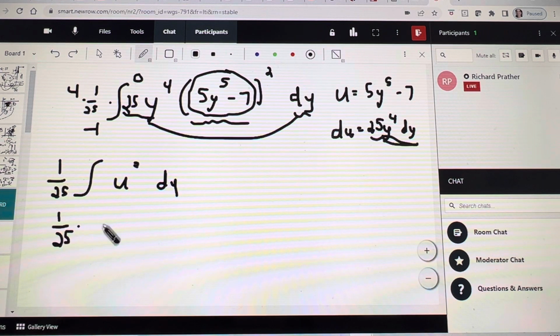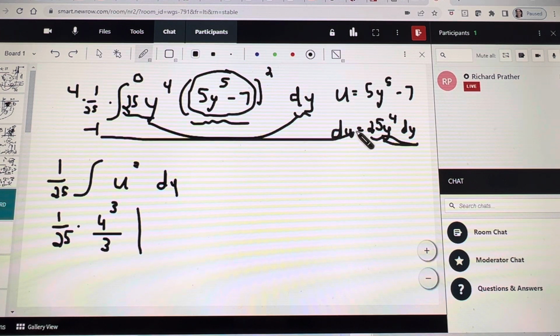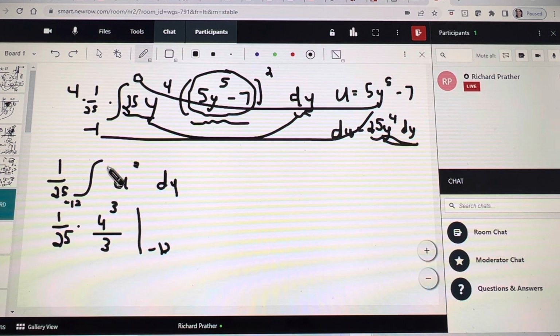Okay, increase the exponent by 1 to 3 and divide by 3. And then I can either create new intervals to go between. If I plug 0 and -1 in here, which isn't that hard actually, -1 to the 5th power is -1, times 5 is -5, minus 7 is -12, and plugging 0 in is really easy because it's just -7.